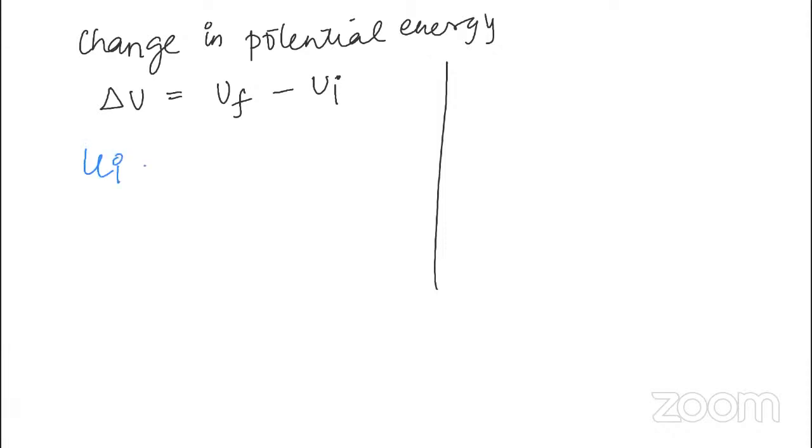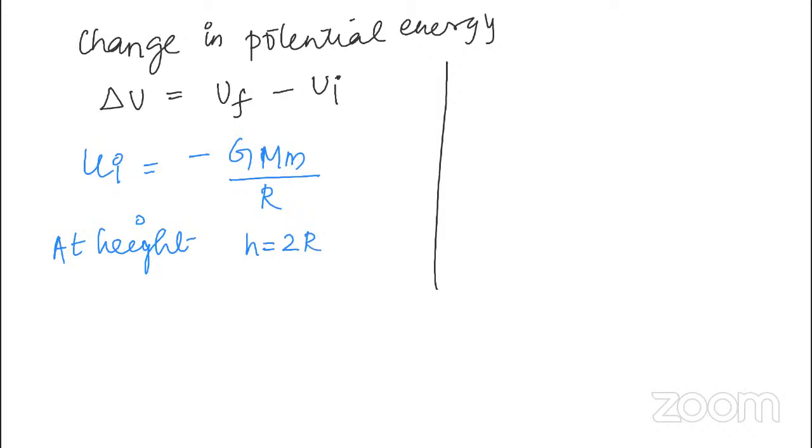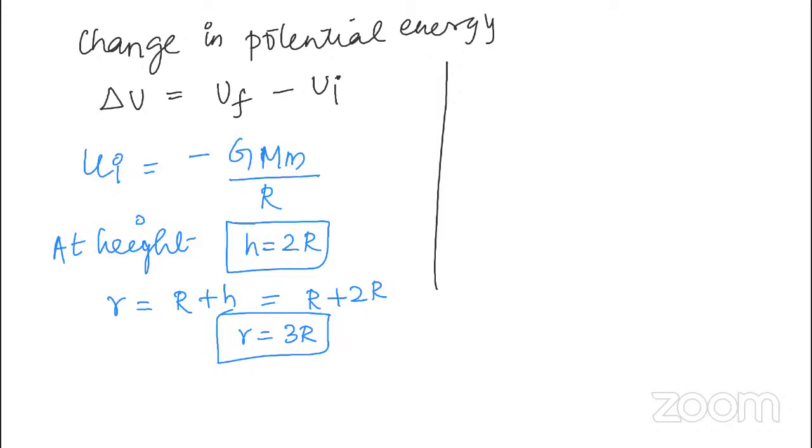UI is equal to, as per our formula, minus GMm by R. Here the height is given: h is equal to 2R. So substituting, r is equal to R plus h, that is R plus 2R. So the change in radius is 3R.